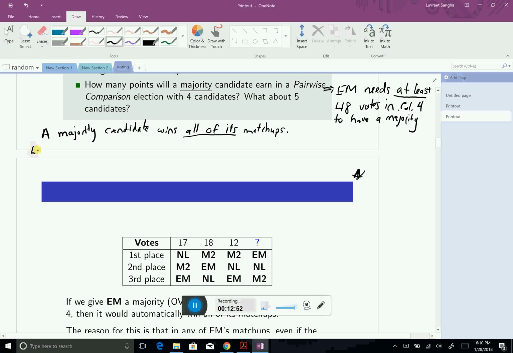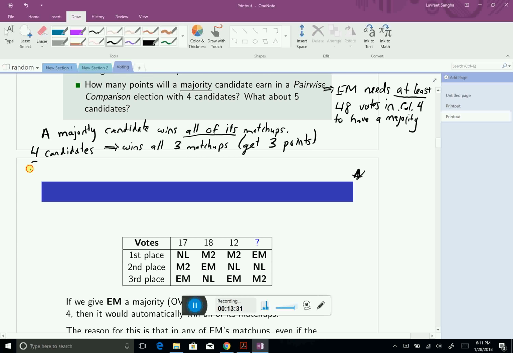So with 4 candidates, the majority candidate would be matched up with 3 other people. And if he's matched up with 3 other people and he won all of his matchups, that means he gets 3 points. So if there's 4 candidates, then they win all 3 matchups, so they get 3 points.